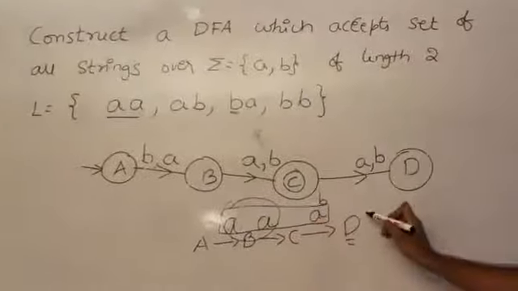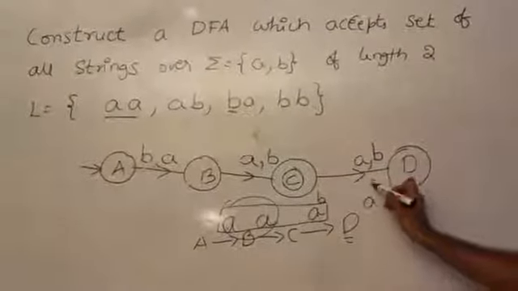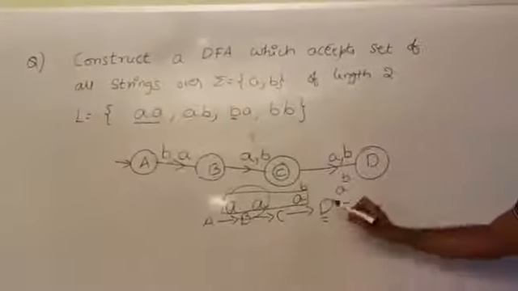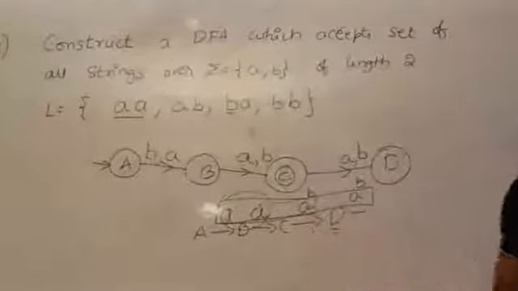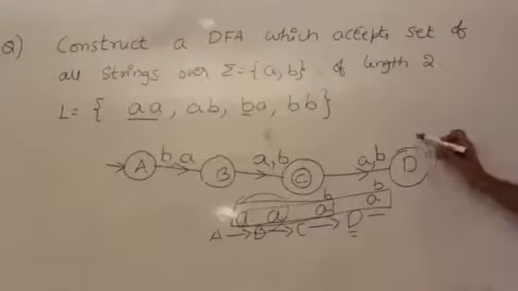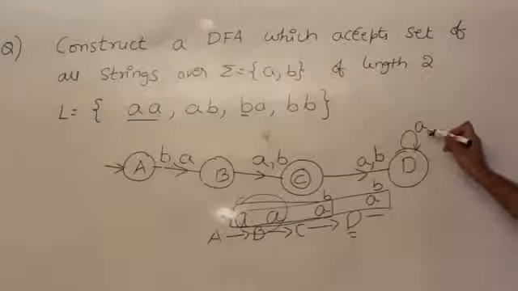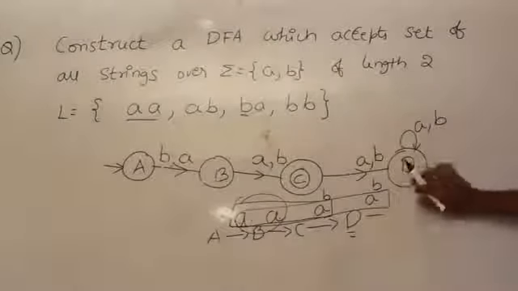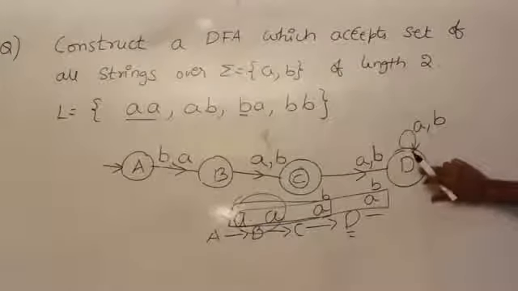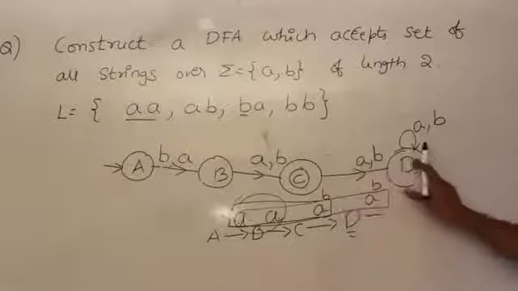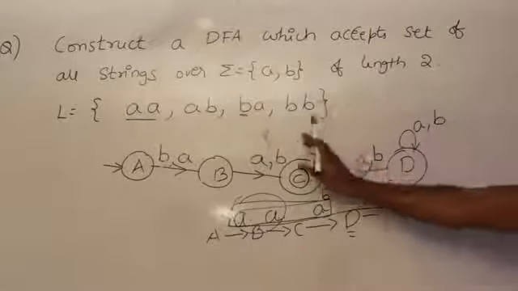If I get one more A or B, this is definitely the set of all strings of length 4 and more. So anything after this I should not accept, and I am going to stay in this state. Once you reach D, it is never going to go back to a final state.